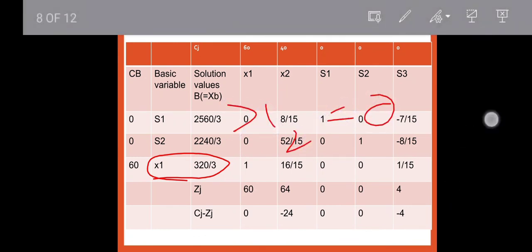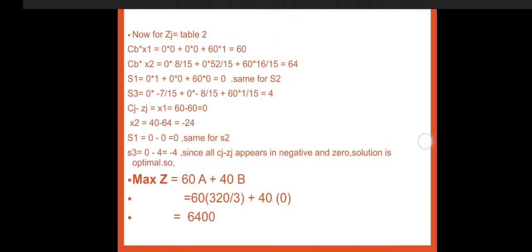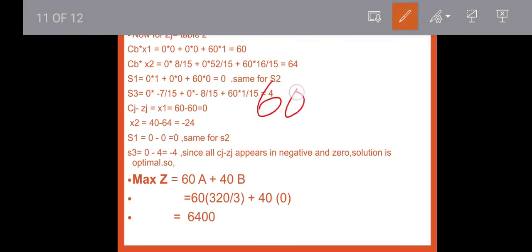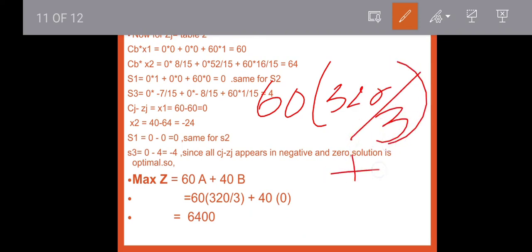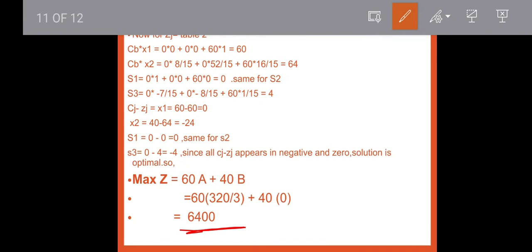So 60 times 320 divided by 3 plus 40 times 0, which is 0, will be 6400. We get 6400 as the answer. And that's all. Thank you for watching.